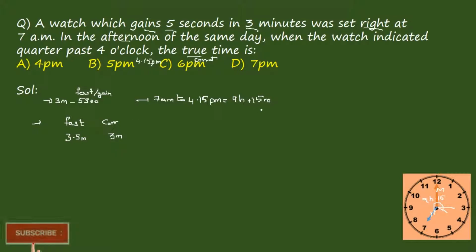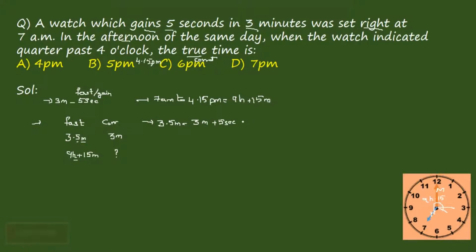Similarly, in the fast clock the difference between 7 and 4:15 is 9 hours 15 minutes, but we need to find the correct time. See here, it is talking about minutes, hours, and seconds, so we convert everything into hours. First, 3.5 minutes is nothing but 3 minutes plus 5 seconds.